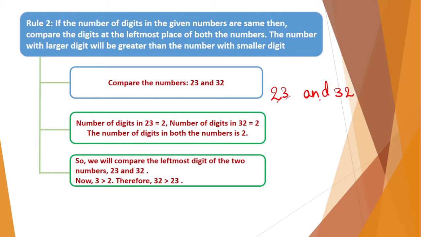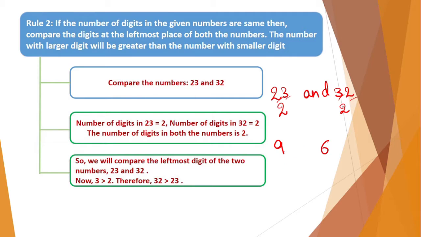In the first number we have 2 digits and in the second number also we have 2 digits. So can we say that these two numbers are equal? No, right? Okay, let me take a smaller example. 9 and 6. Now if I ask you, is 9 greater or 6 greater? You will obviously say 9 is greater.